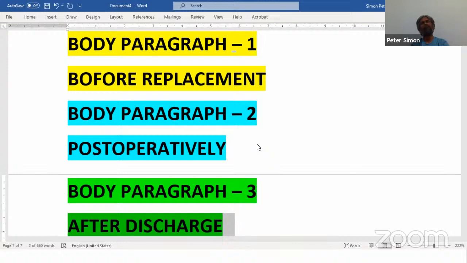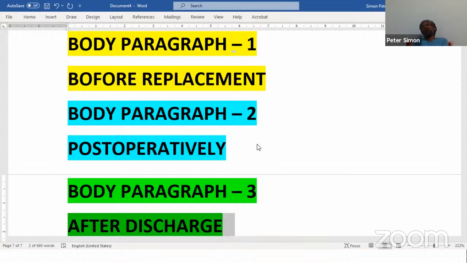Before that, in paragraph number 1, you can write what are his problems. Then next is what are the medications for those problems, and what is his general condition, social or family histories, whatever it is.